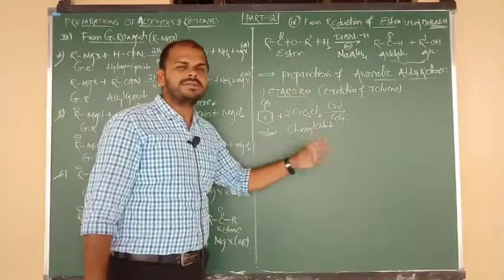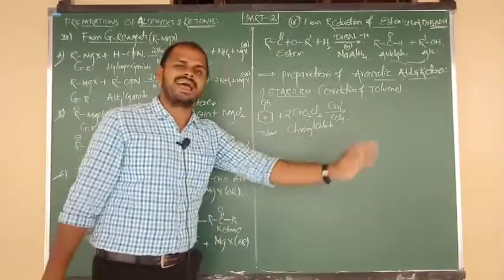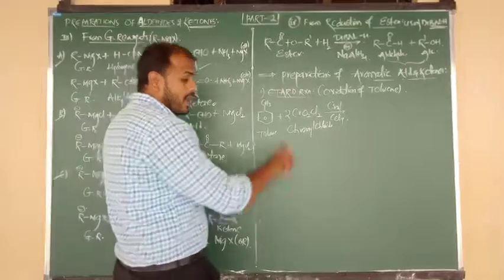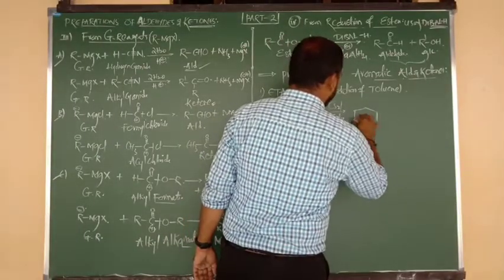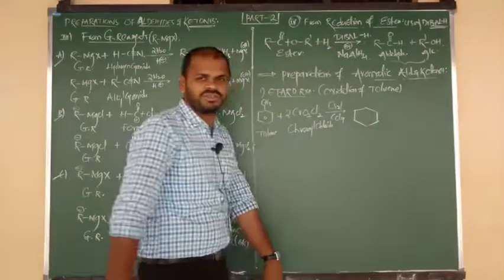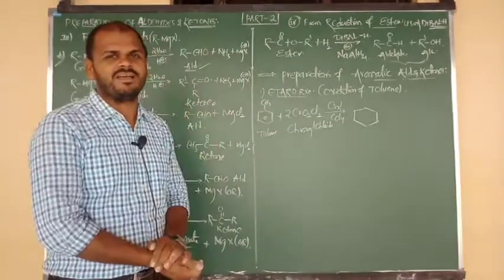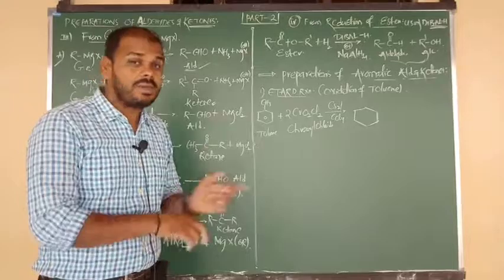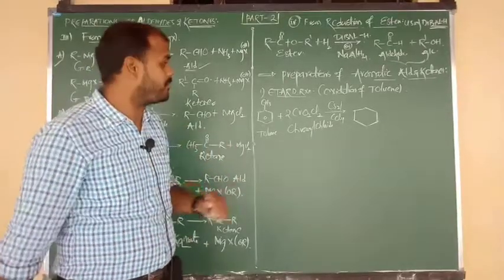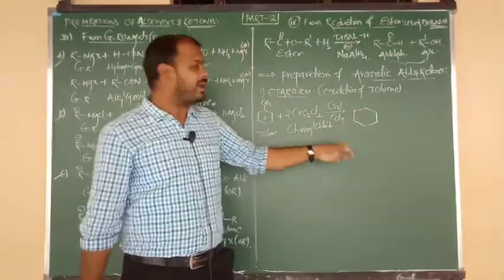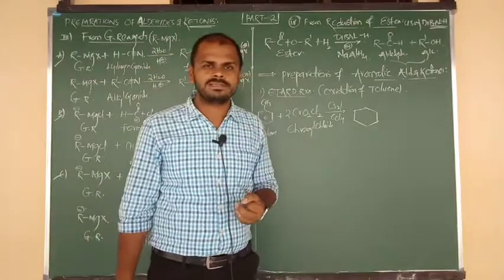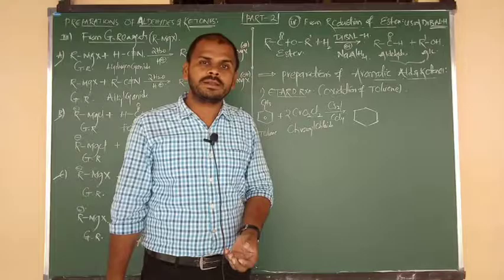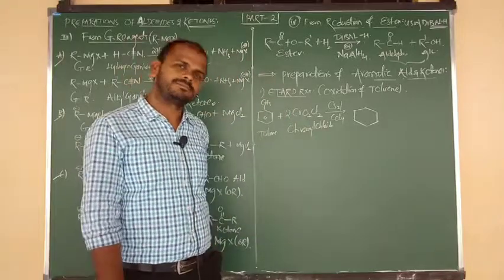In presence of any one supporting solvent we can carry out this Etard reaction. Good. And now here you are going to get one of the intermediates, a very important intermediate. This is also a repeated question in competitive exams. So what will be the intermediate in Etard reaction? The intermediate is a brown color complex. It is the complex of which metal? Chromium as the central metal. Understood?